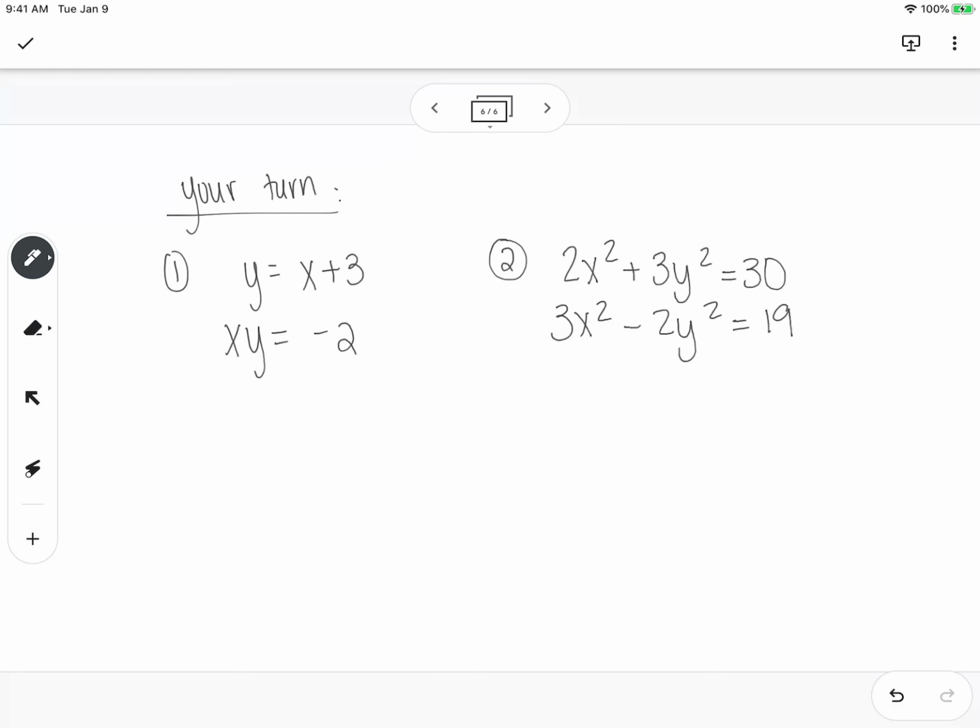So I want you guys to try those 2 problems. You'll write them out, and then you will upload that in your Google Classroom and send it to me. I'm trying to see if I wanted to add any others. Let me add one more.